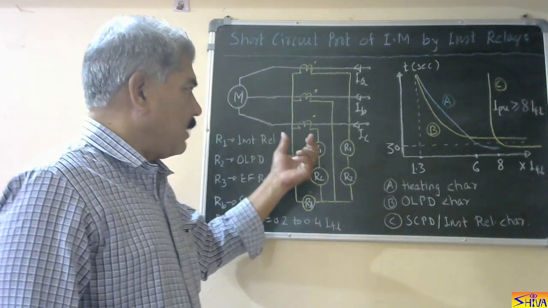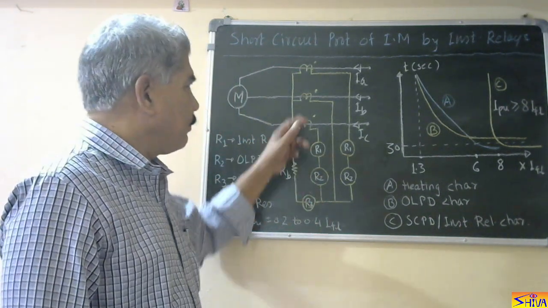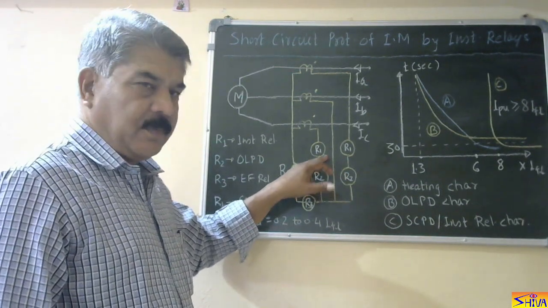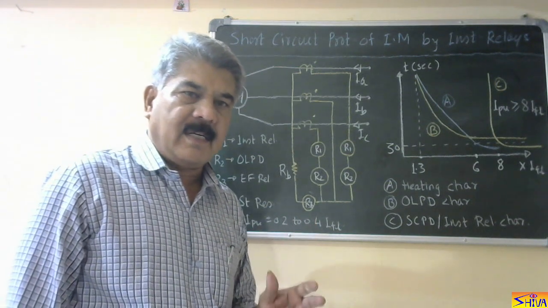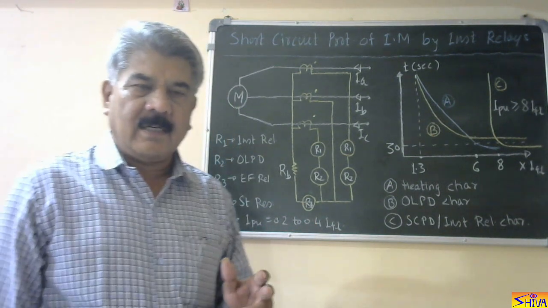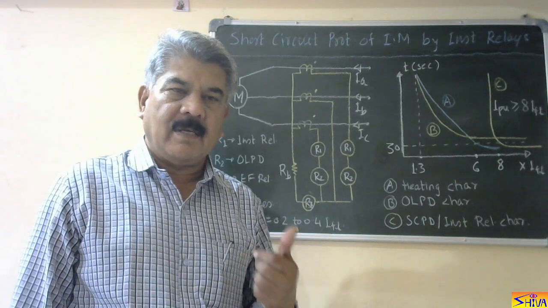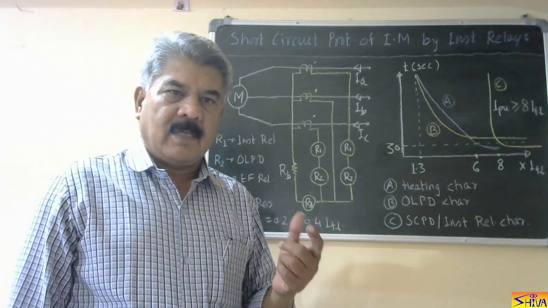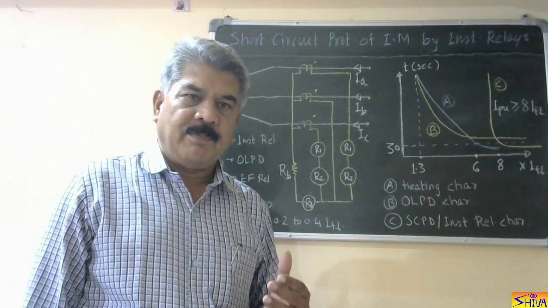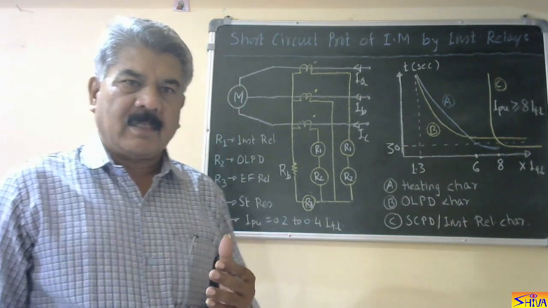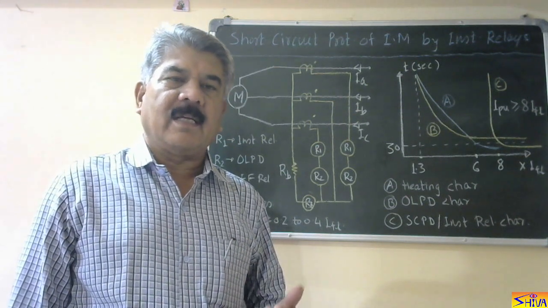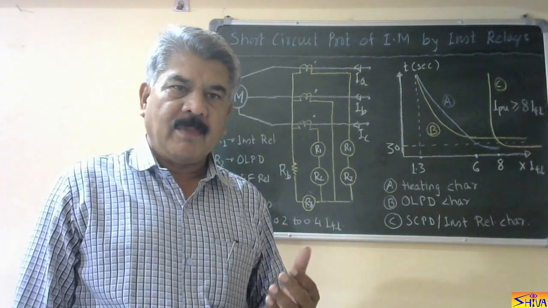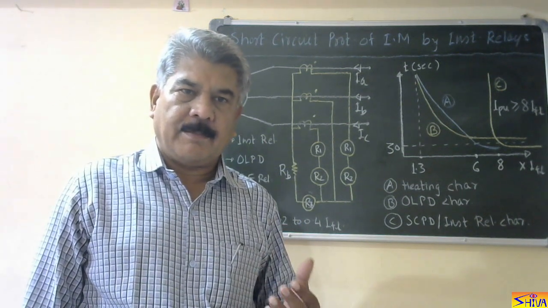Now let us see the salient features of this protection scheme. R1 in this phase, R1 in this phase, they are high set instantaneous relays. High set means their pickup is high. For induction motors, we have to provide the setting, that is pickup, of the instantaneous relay. The pickup should be higher than the starting current of the induction motor, because these are instantaneous relays, so they will trip as soon as current exceeds the pickup value.